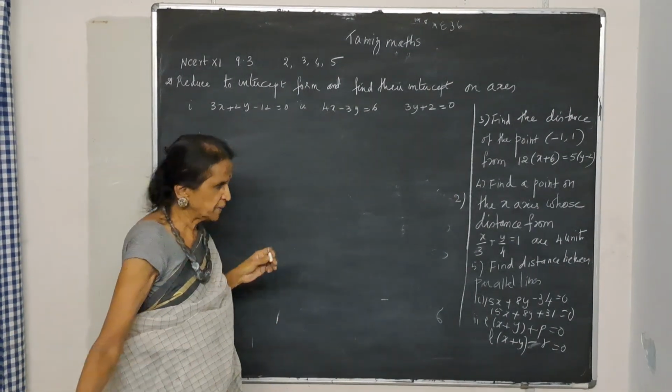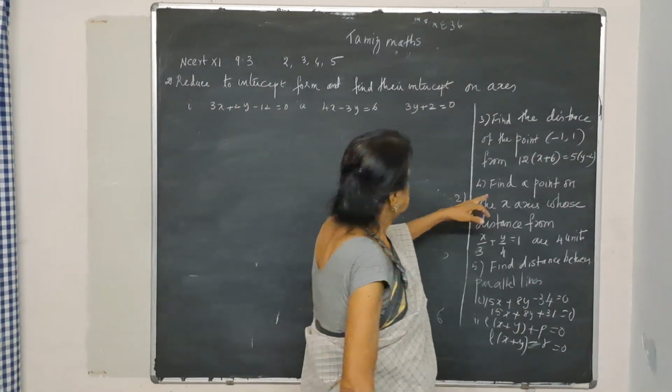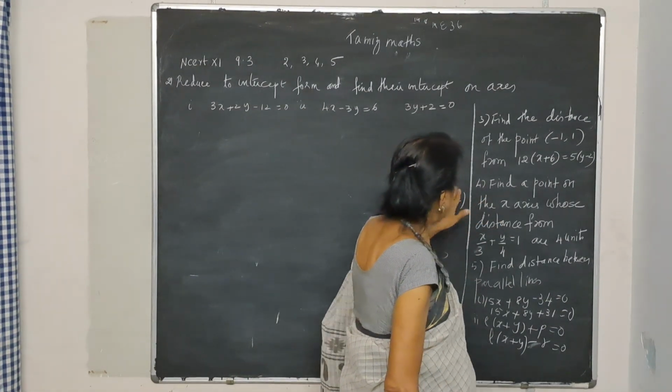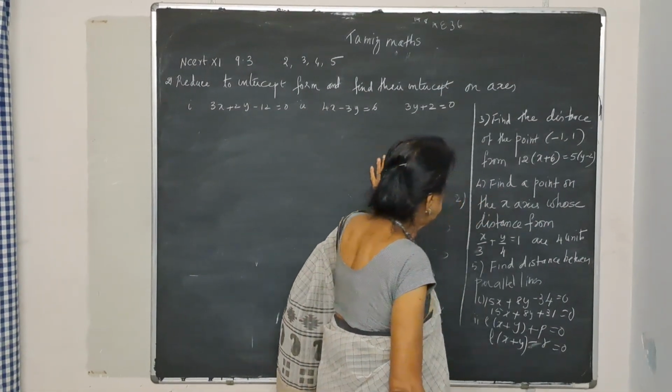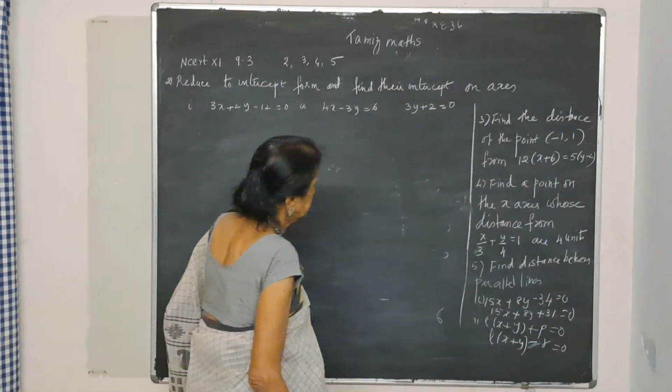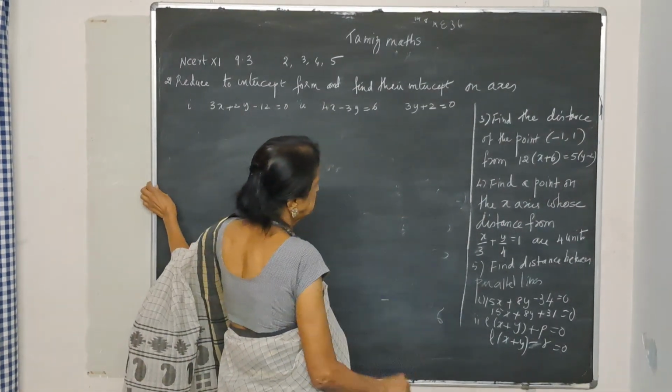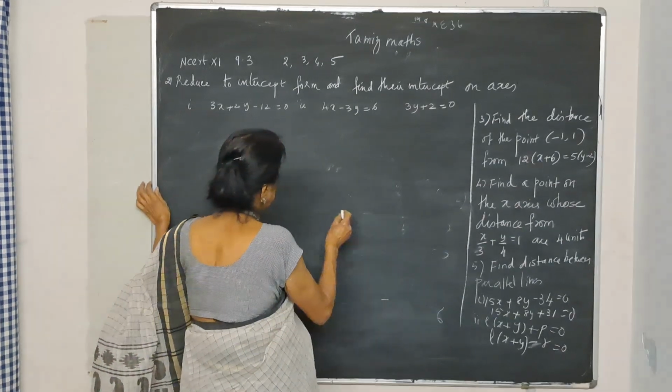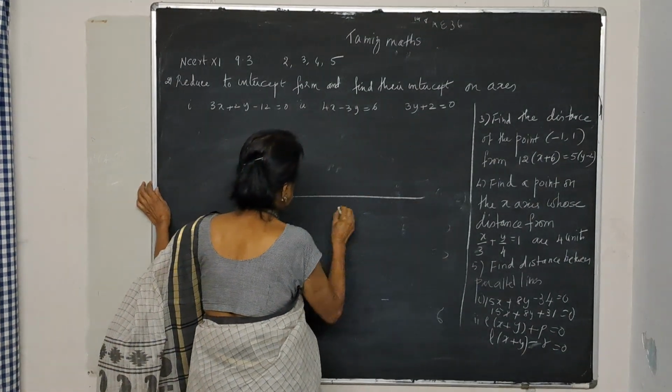Now the next one. Find a point on the x-axis whose distance from this line is 4 units. This is the x-axis.